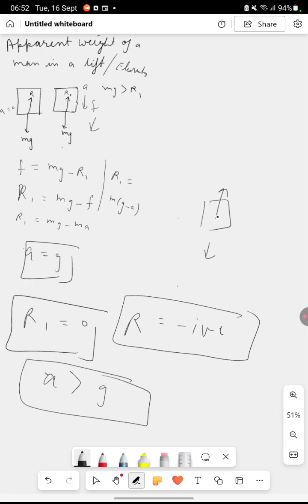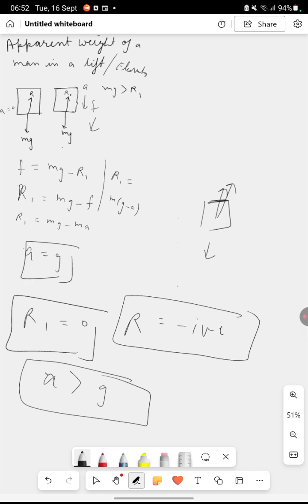The man may move up to the roof of the lift. That may cause a great injury to the man. So this was the case of the lift when it is moving in the downward direction.